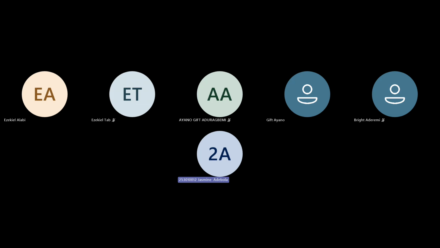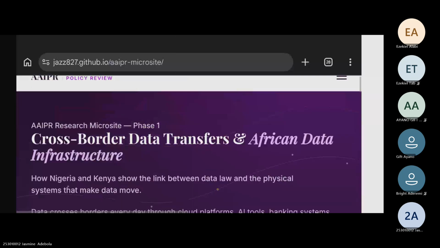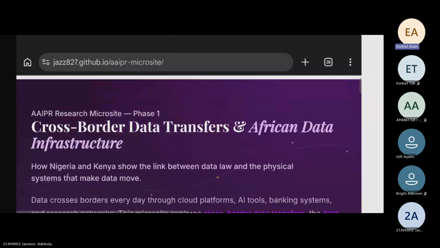So hello everybody. I hope you can see my screen. This is my very clearly unfinished capstone project. Don't worry, I should be done by this week too.